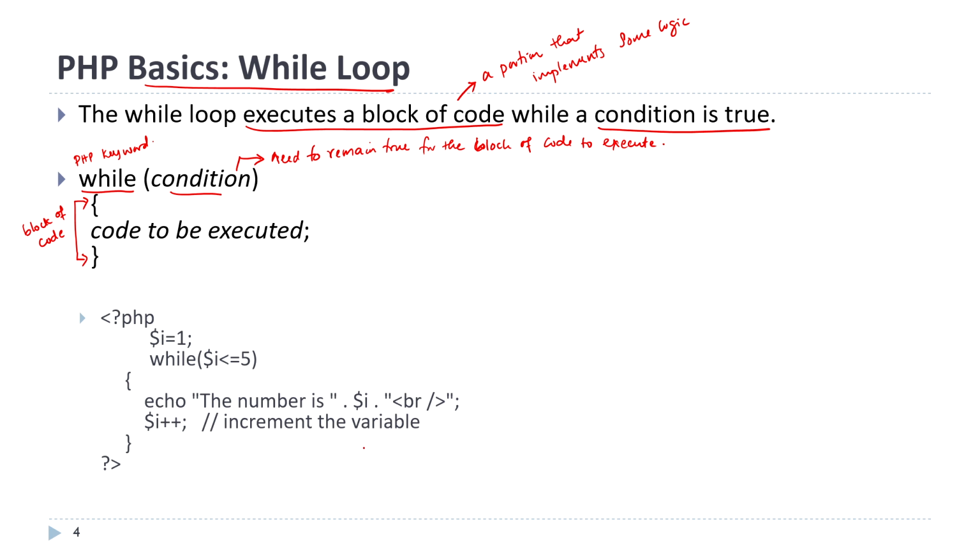There are 2-3 things that you need to remember as part of this. Let us look at an example in PHP. We have $i equal to 1. Remember, this is a variable that is initialized, and again remember PHP is loosely typed, implying no need to typecast or declare the type of the variable.